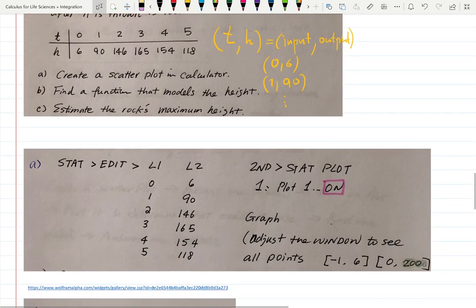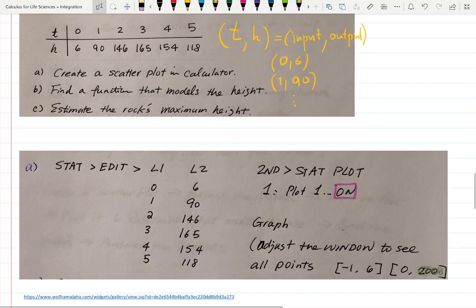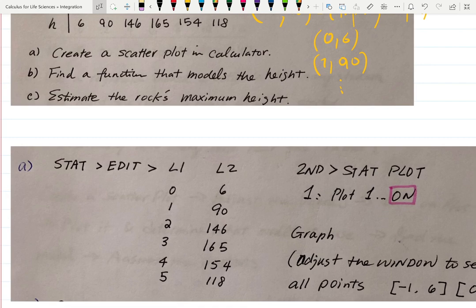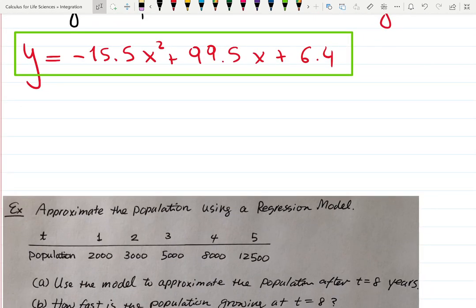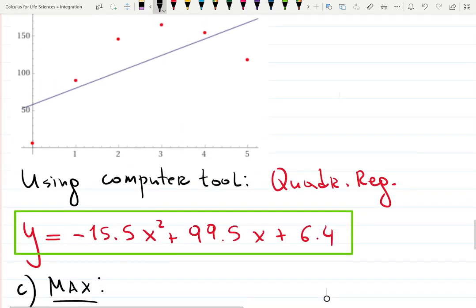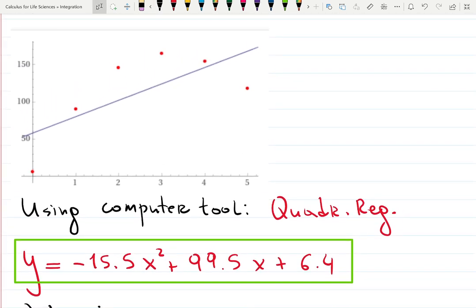A, create a scatter plot in the calculator. We did it. Find a function that models the height. We did it. Estimate the rock's maximum height. Okay, that's C. Maximum height. They just want to estimate. Two ways of thinking about that. This is the parabola, concave down. The maximum height is somewhere close to the vertex.